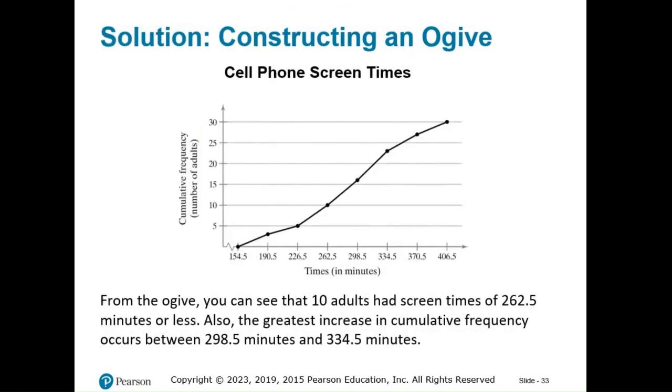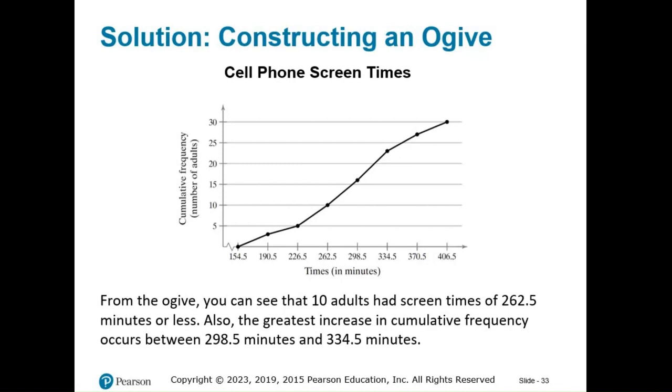This is what it would look like. See how the graph starts at the horizontal axis at the point 154.5 and 0 and ends at the upper class boundary of the last class with the coordinate pair of 406.5 and 30, which is the sample size?